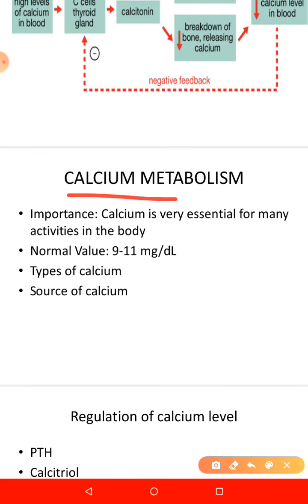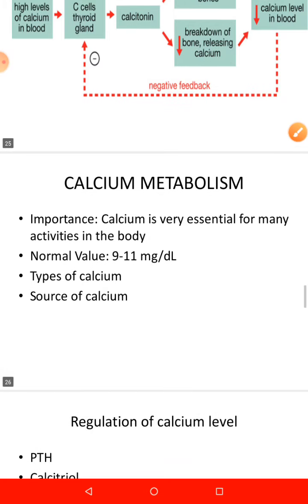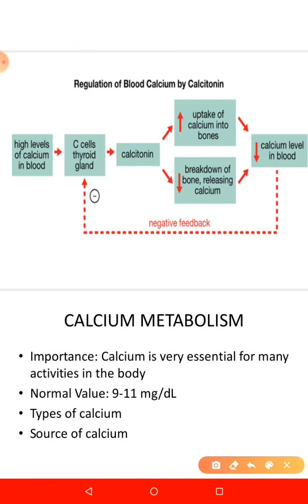In terms of regulation, this diagram shows clearly how calcitonin is regulated. It's secreted when there are high levels of calcium in blood, in conditions such as hypercalcemia.